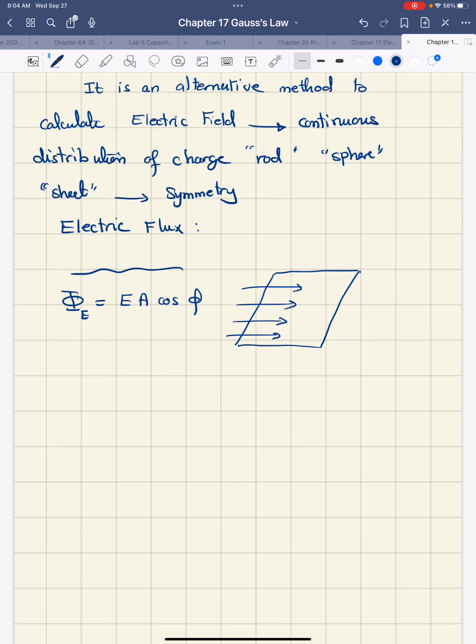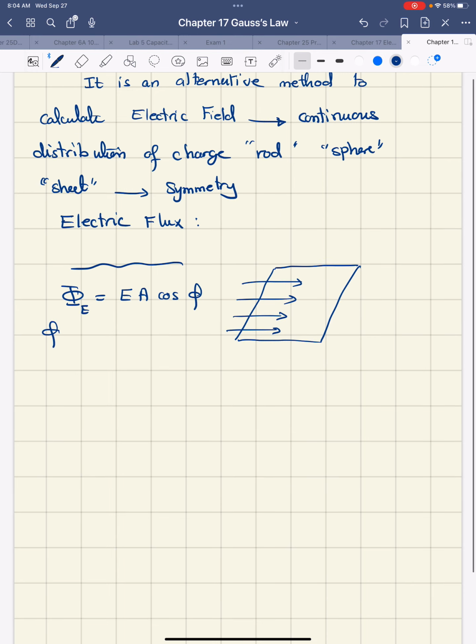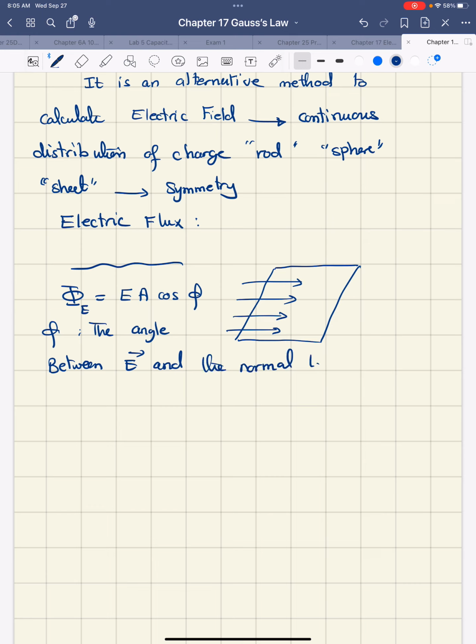Now that angle phi is the angle between E as a vector and the normal to the surface.